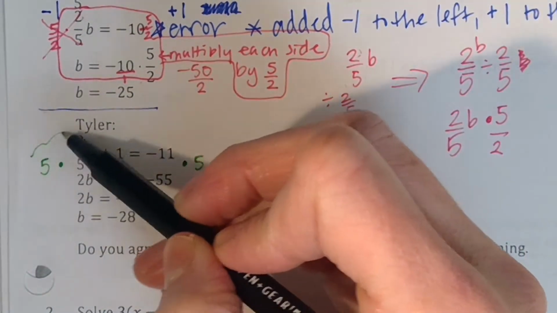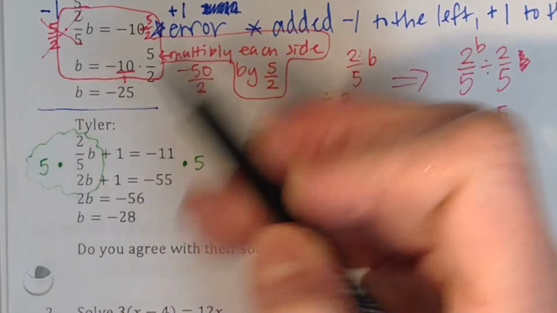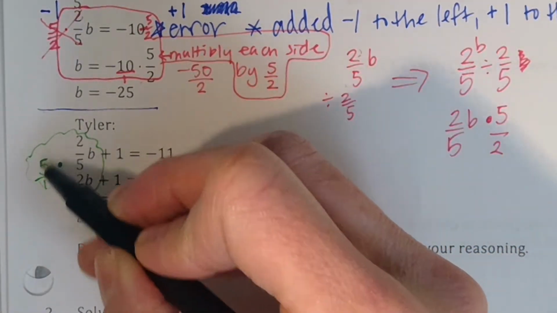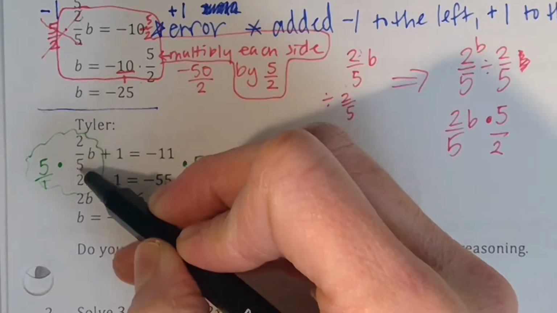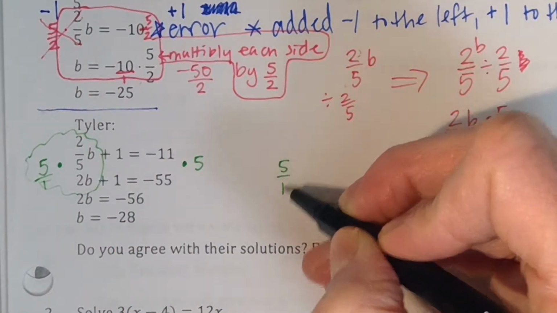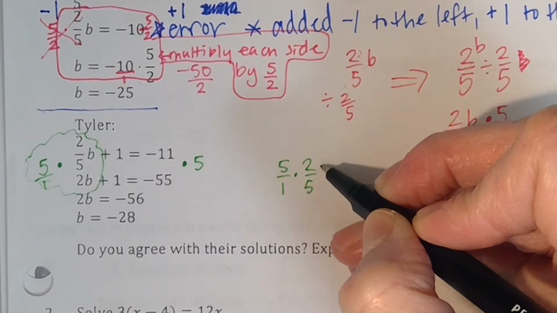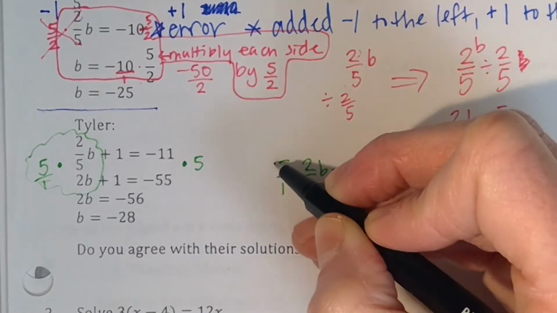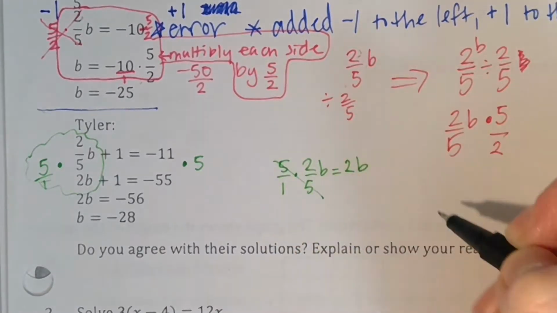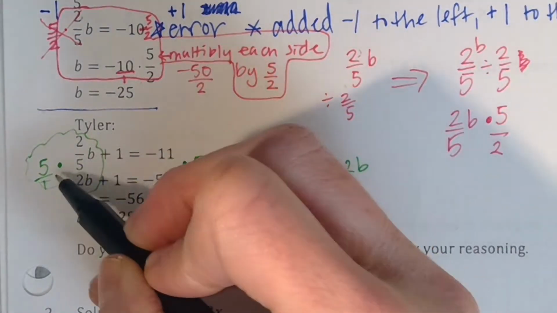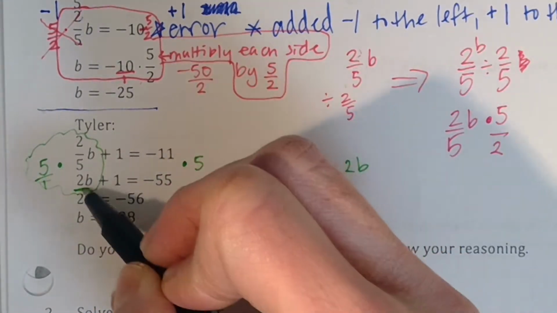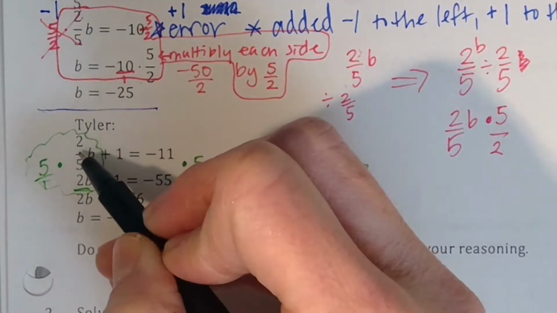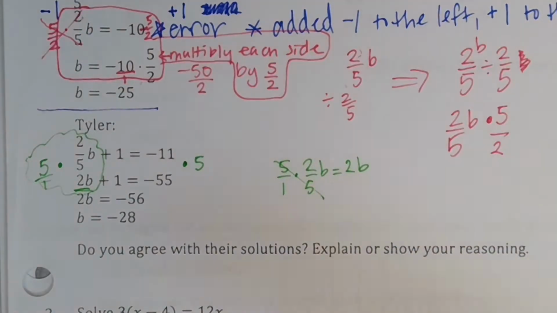Now look at this for a second. 5/1 times 2/5, my 5's would cancel and I would get 2b. That's where this 2b came from. He multiplied by 5. The only thing is the entire side has to get multiplied by 5. The whole side has to get multiplied by 5.